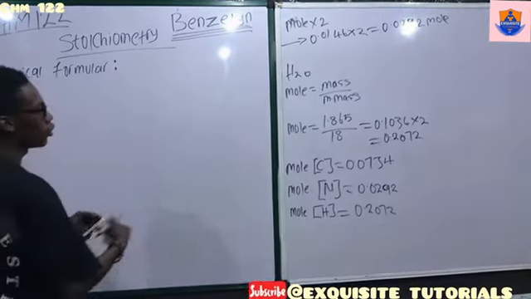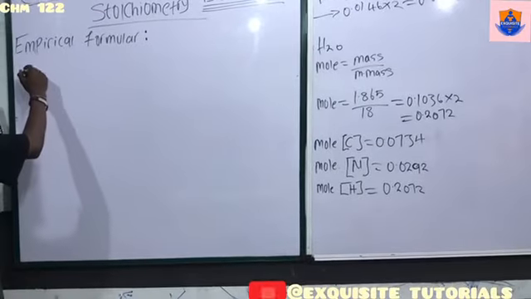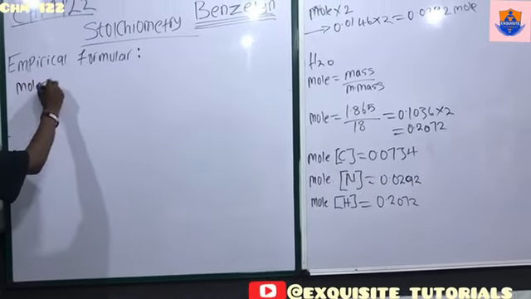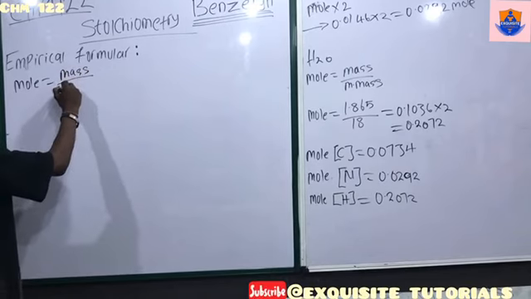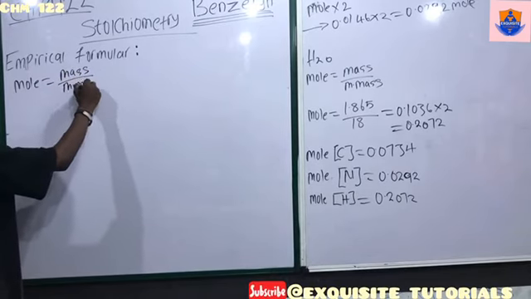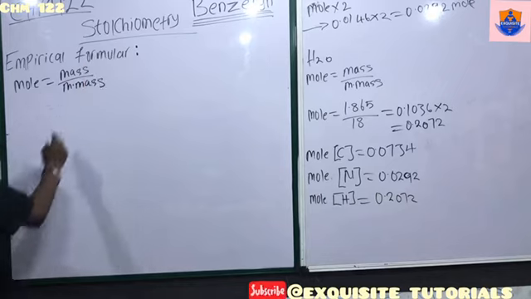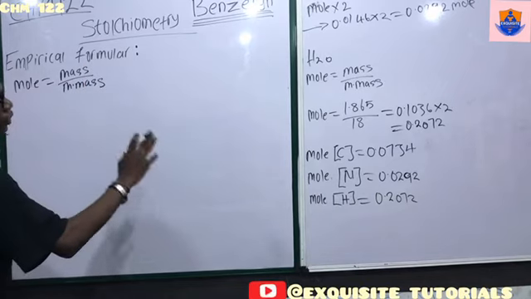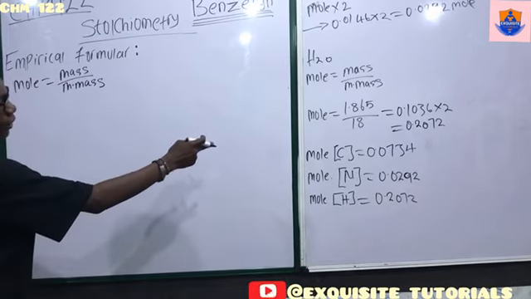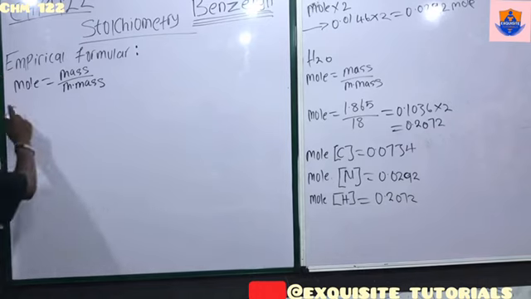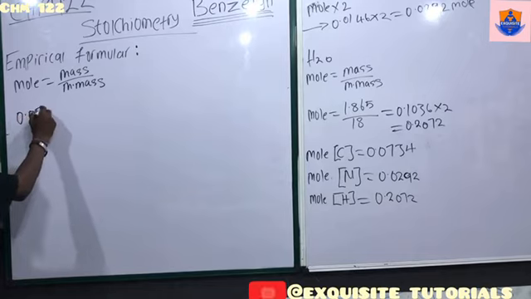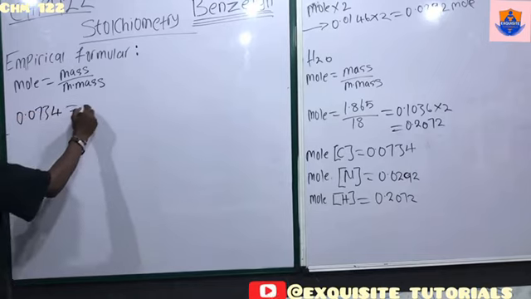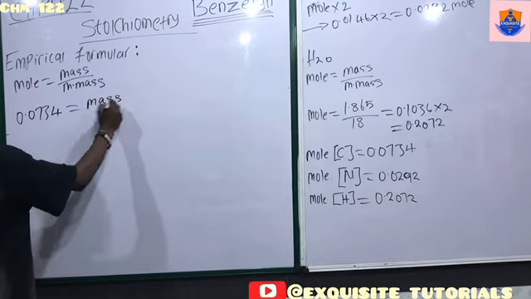Remember, mole is equal to mass over molar mass. I'm doing this straight for each element. Now for carbon, we have 0.0734 is equal to the mass, which is unknown, over molar mass.